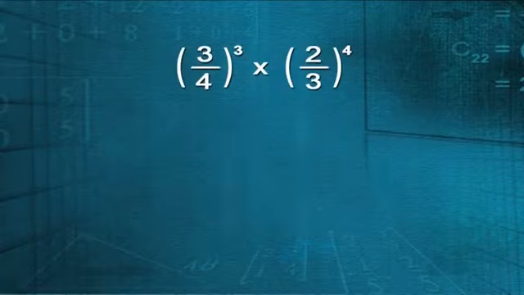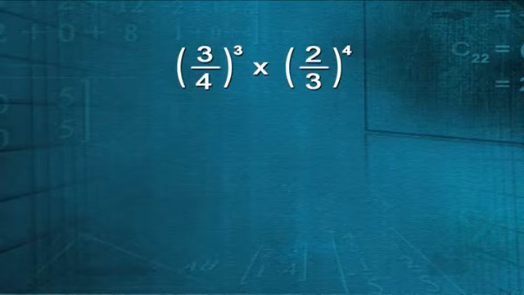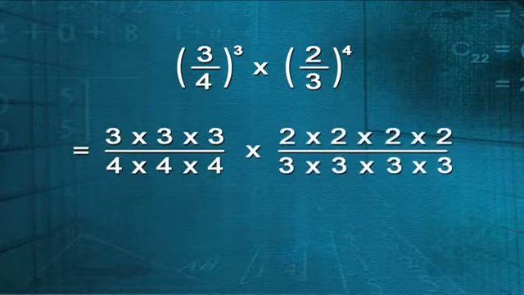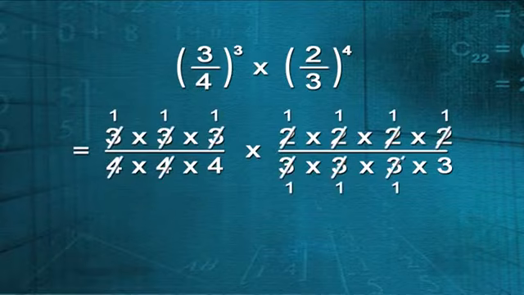Now, the total expression 3 by 4 raised to power 3 multiplied by 2 by 3 raised to power 4 can be written as 3 into 3 into 3 divided by 4 into 4 into 4. This expression multiplied by 2 into 2 into 2 into 2, 4 times, divided by 3 into 3 into 3 into 3, 4 times. And on simplification, you will cancel out 3 in the numerator and in the denominator.